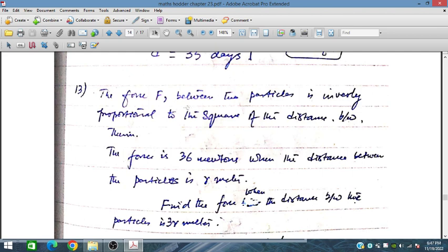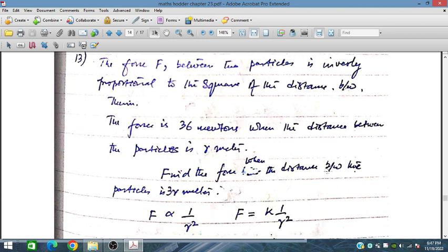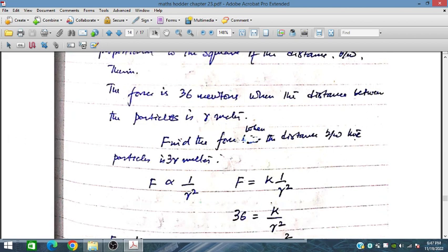The force F between the particles is inversely proportional to the square of the distance between them. The force is 36 newtons when the distance between the particles is r meter. Find the force when the distance between the particles is 3 r meter. So this is a simple relationship.